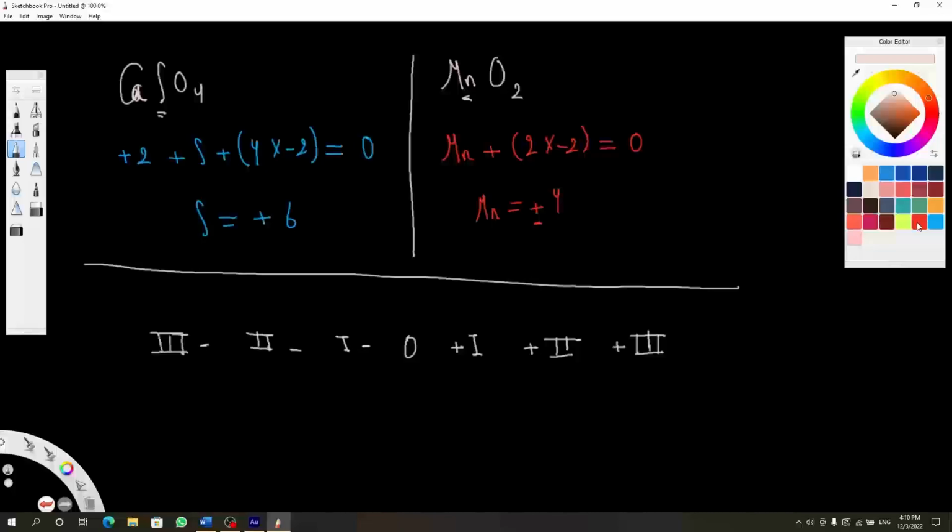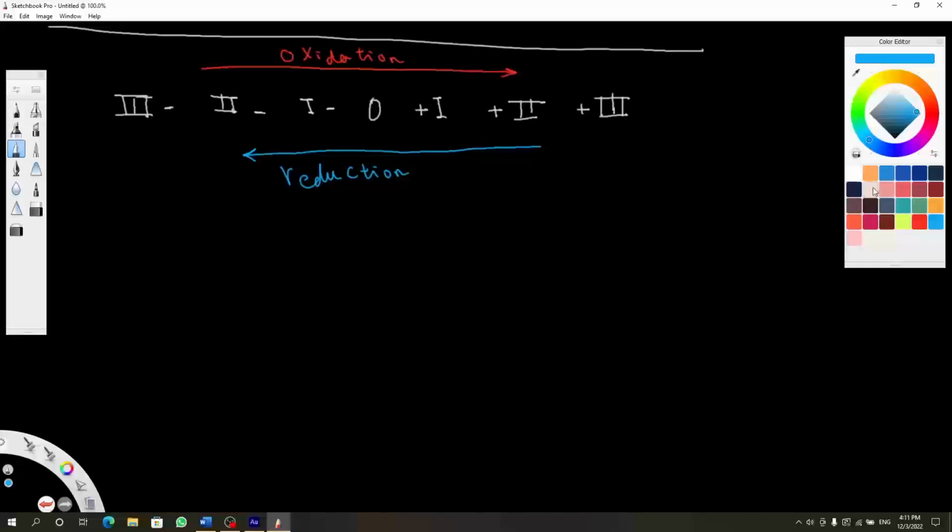If the oxidation state is increasing, meaning that it's going from left to right, this is called oxidation. If the oxidation state is going from right to left, meaning that the oxidation state is decreasing, this is called reduction.